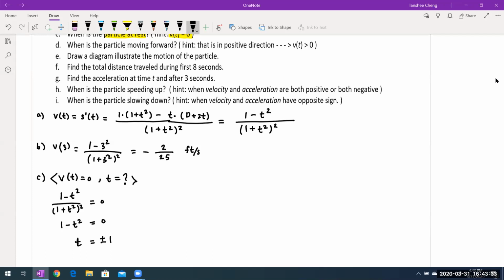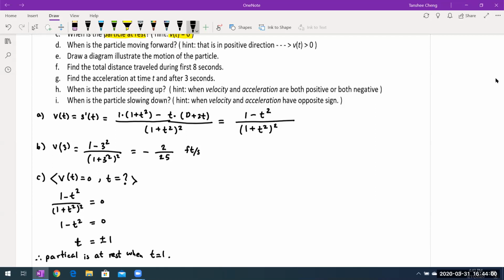And we know we don't have negative time, so therefore my answer is the particle is at rest when t is equal to 1. That is after 1 second.